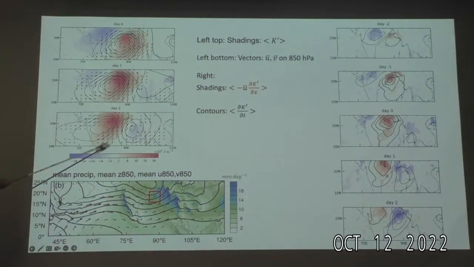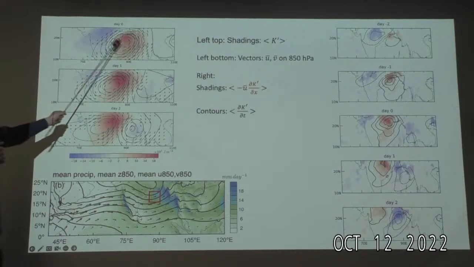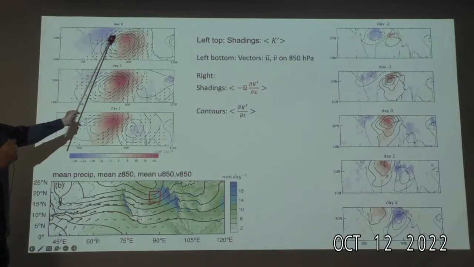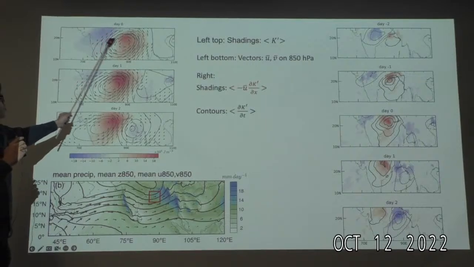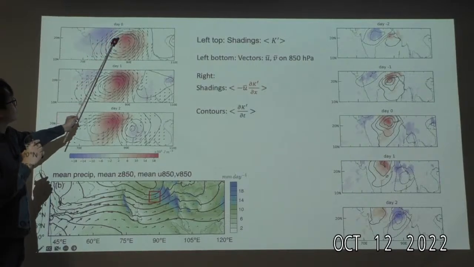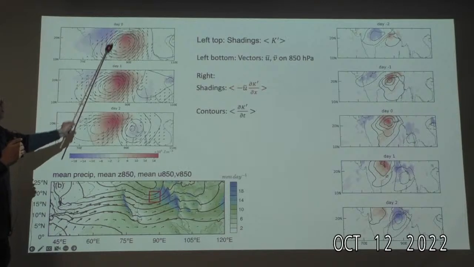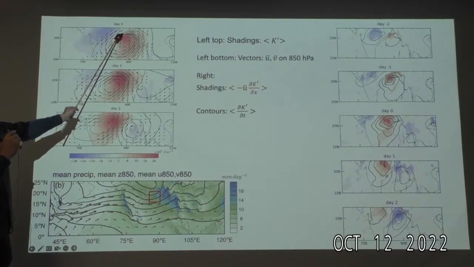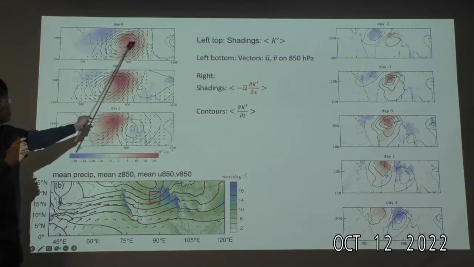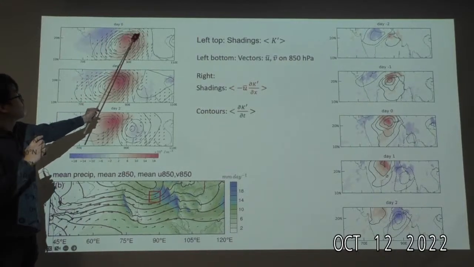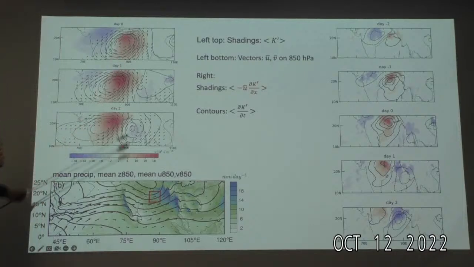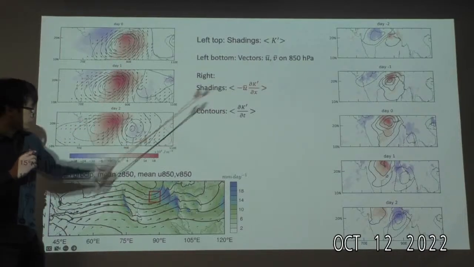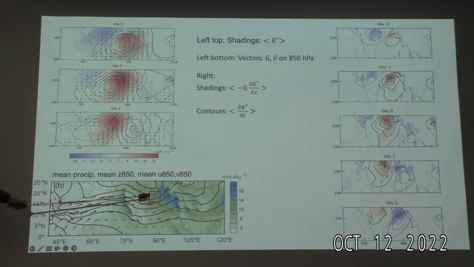So this panel is showing the kinetic energy itself. After looking at the gradient of the shading, we can see that there is a positive dKE/dx on the west side of the storm, and a negative dKE/dx on the east side of the storm. And if we look at the low-level U bar, we can see that U bar is positive here.